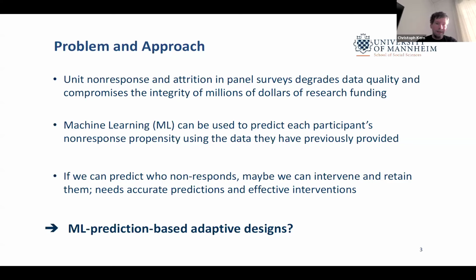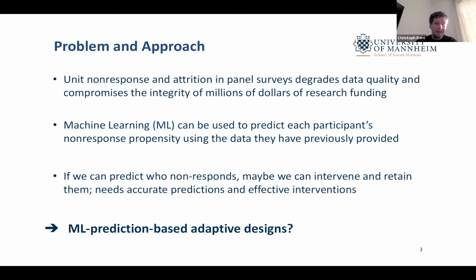Also, there's an understanding that there is a great promise of using predictive models to predict each participant's non-response propensity upfront, using the wide range of data that we typically have available in panel survey contexts.